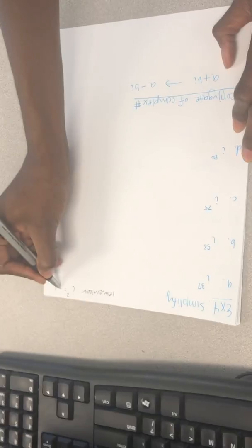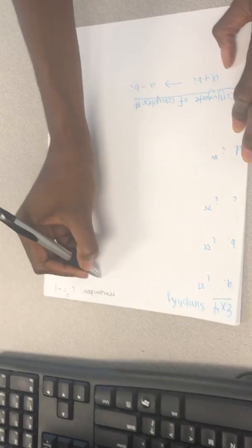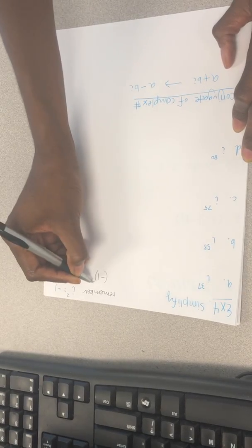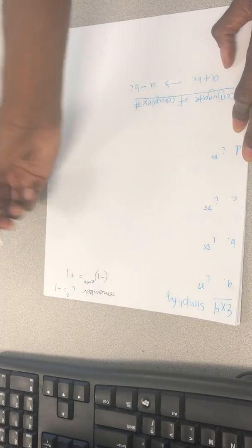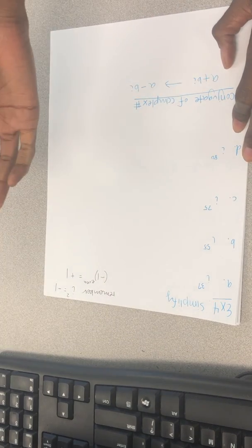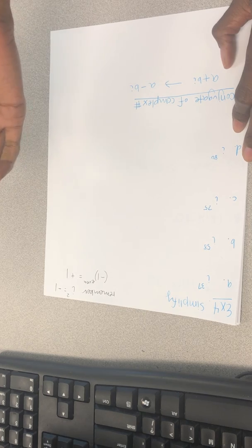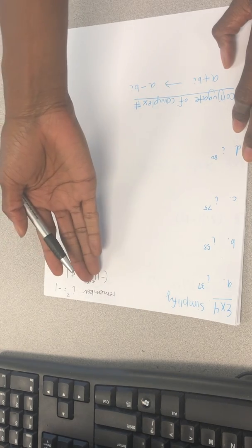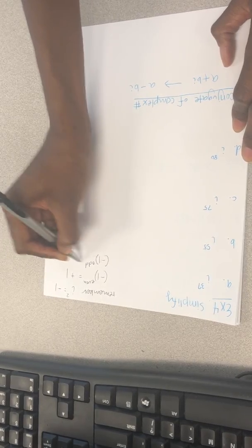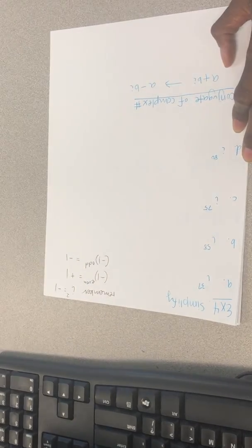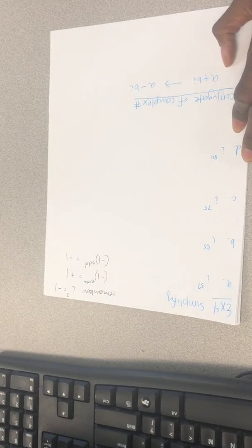The reason why we want to do that is because it's going to give us a negative 1. And when negative 1 is raised to an even power, that's always going to come out as a positive 1, right? So if you had negative 1 squared, that's going to be positive 1. If you have negative 1 to the 4th, that's also positive 1. And then if it's raised to an odd power, that's always going to come out as a negative 1, right?